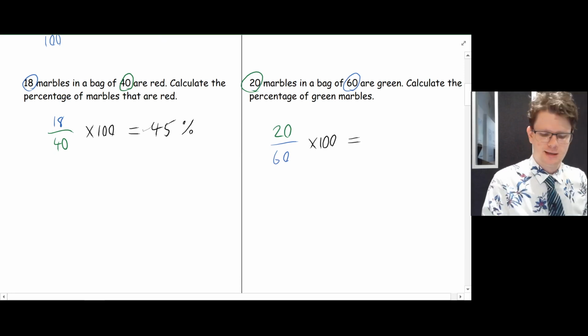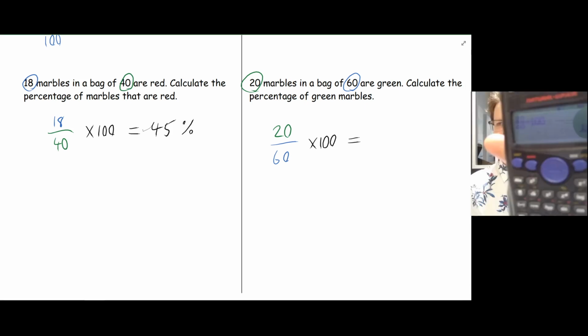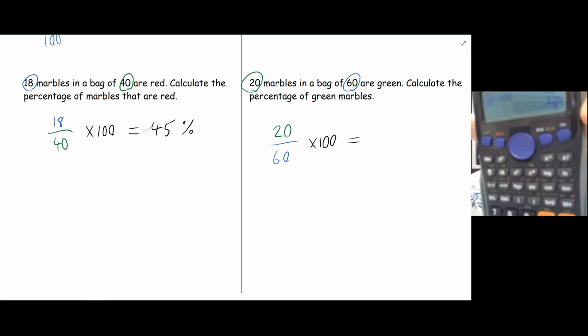And in this case, 20 over 60 times 100. If your answer comes up looking like that, remember, use this button right here, the S to D button, and that will convert it into a decimal. So 33.33 recurring %. Alrighty.